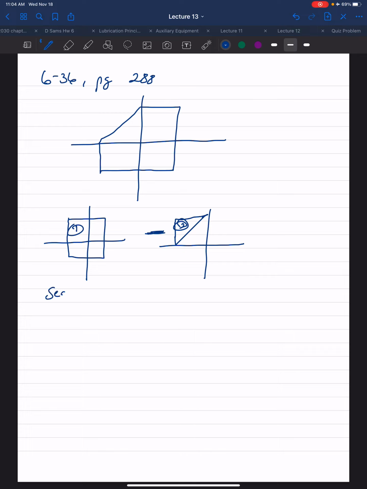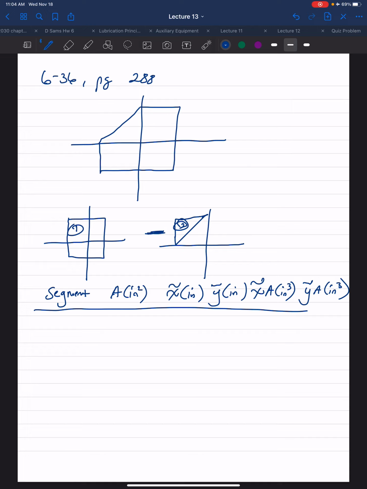So let's set our table up. We have our segment, area. In this case, we're working in inches, so it'd be inches squared, x wavy bar, inch. For segment 1, which is the square, 12 inches by 12 inches, this is 144 square inches.